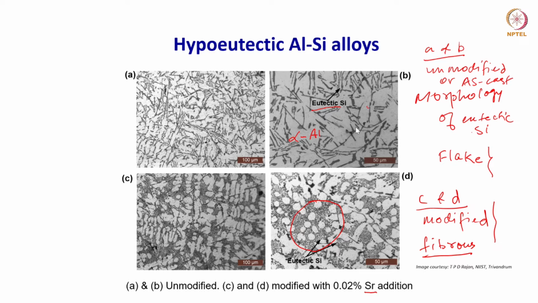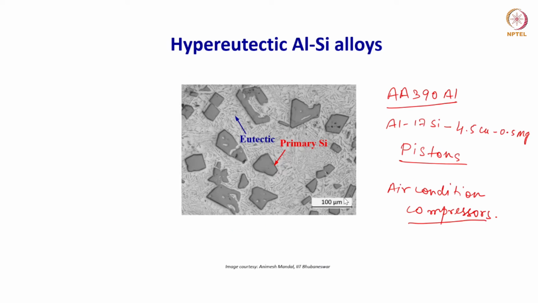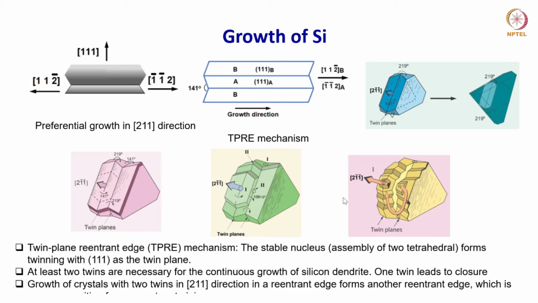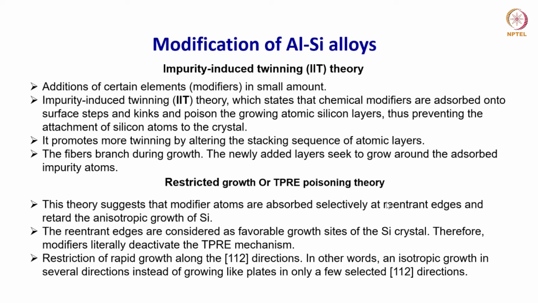Instead of this kind of needle or flake morphology, if we could make it fibrous, then it will be better for many of the properties. Okay, so the question would be how you modify this kind of morphology into a fibrous, more uniform morphology. Okay, so that is what we are going to talk about in today's class.